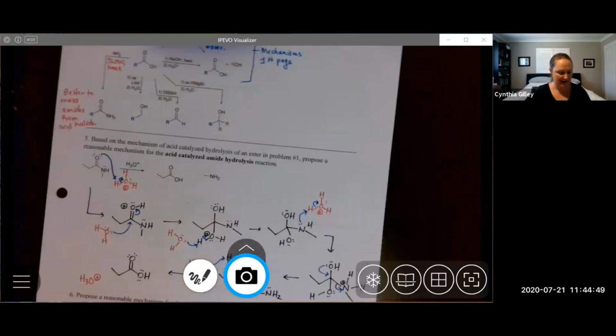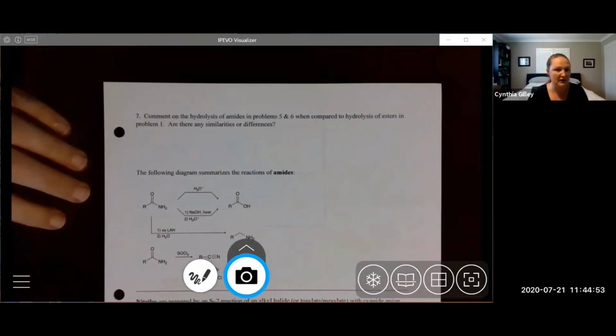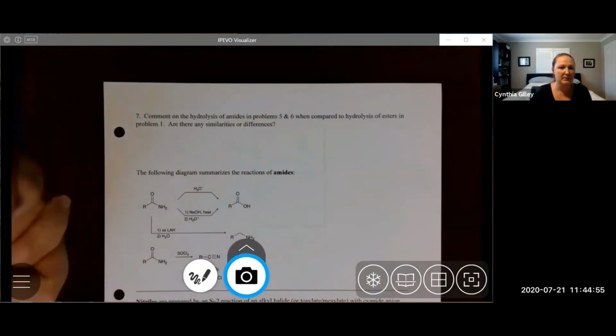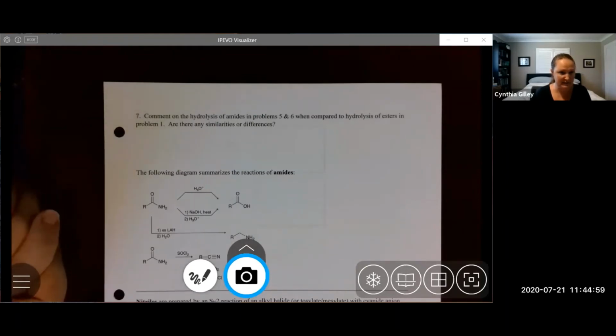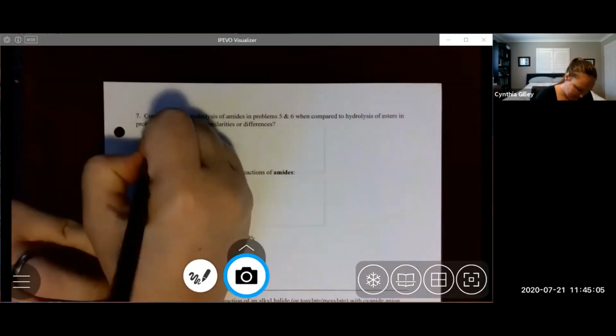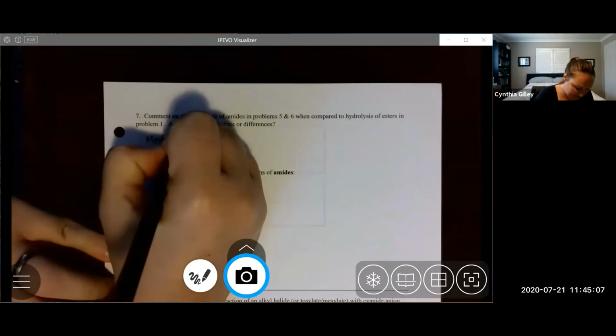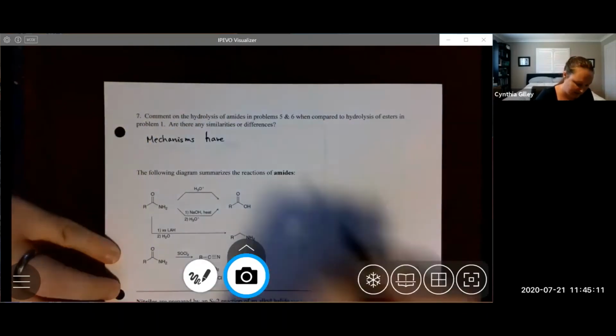So then I think he asks, is there comment on the hydrolysis of amides when compared to the hydrolysis of an ester? Are there any similarities or differences? I would say that the mechanisms themselves involve the same steps.